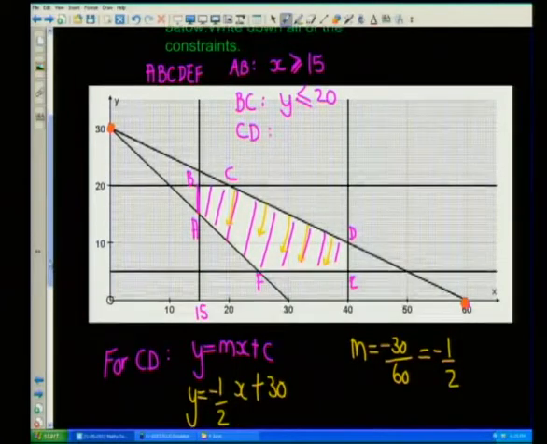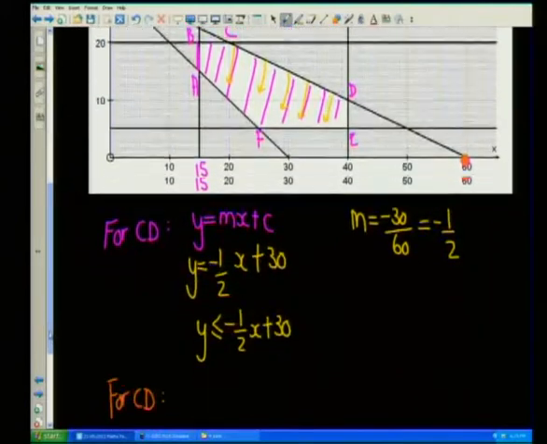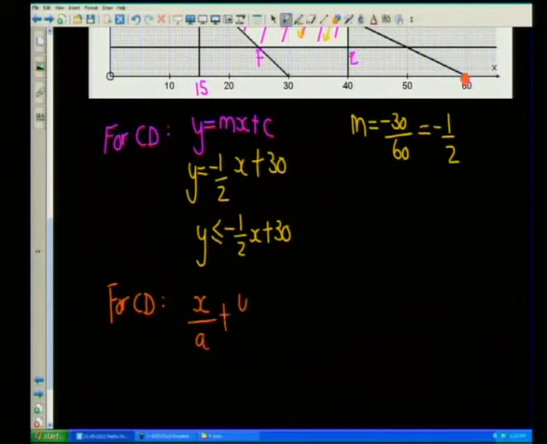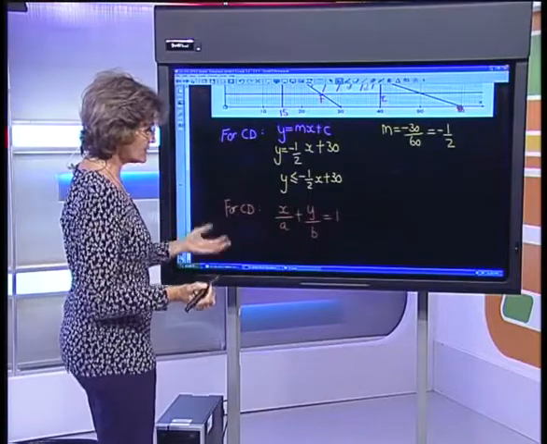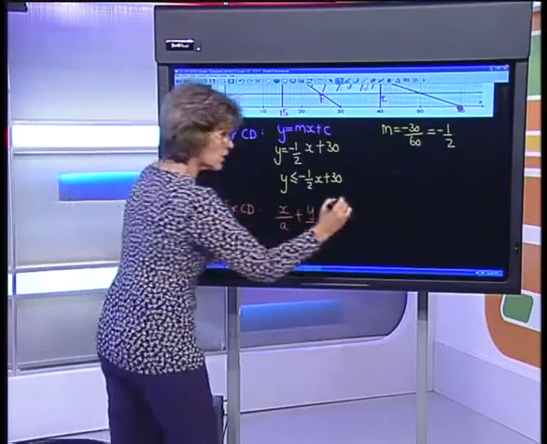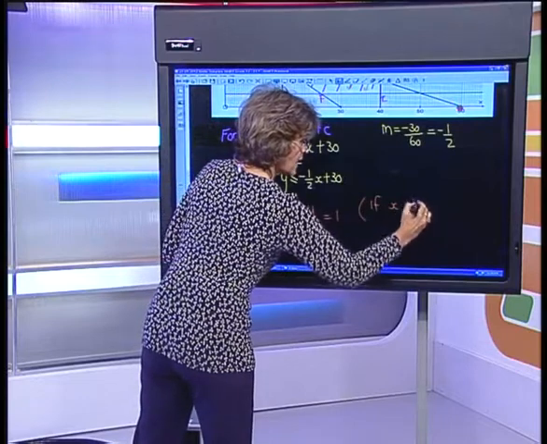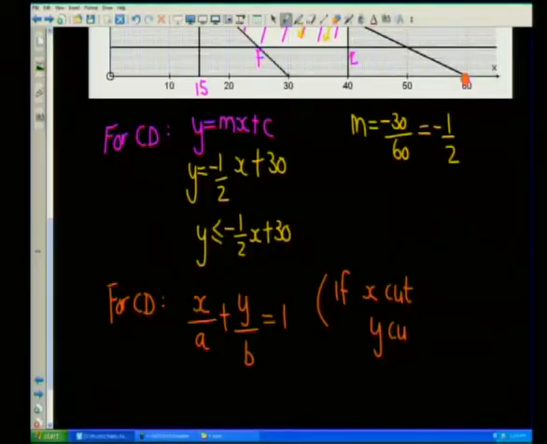Now when you have that information in a line, then you can find the equation of that line by using this natty formula. Now, some of you may have seen this before. I hope you have. If you haven't seen it before, it's only going to be used if you've got the x cut and the y cut.